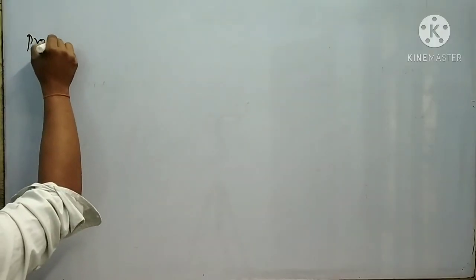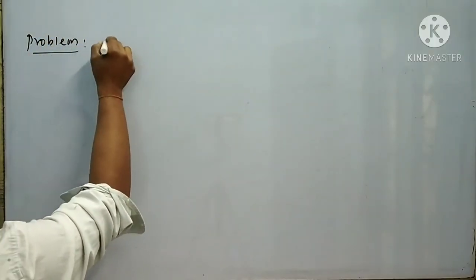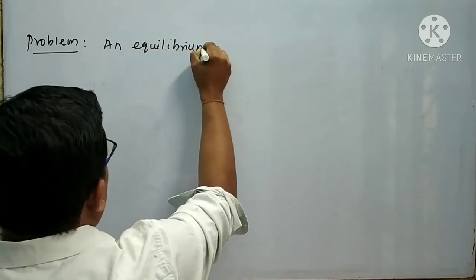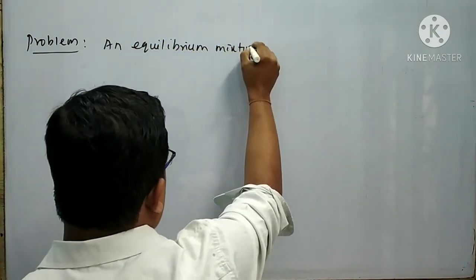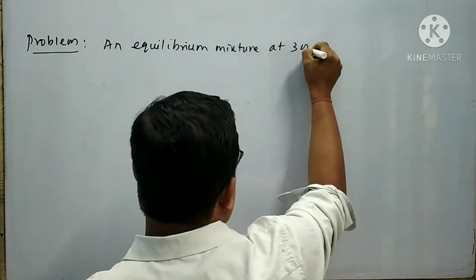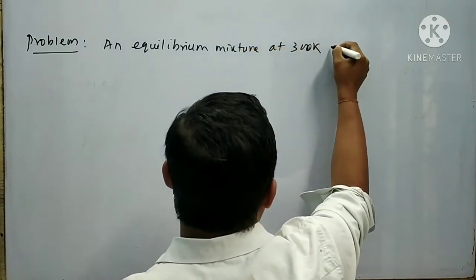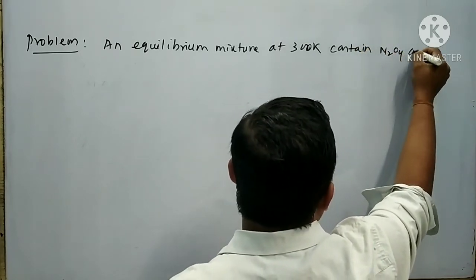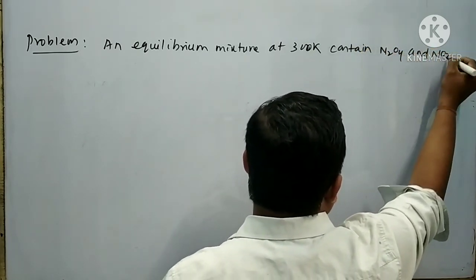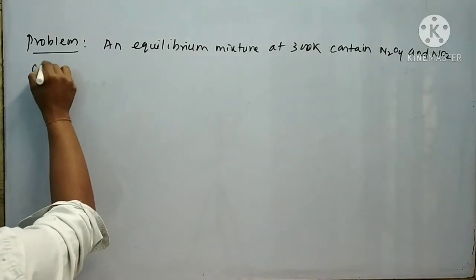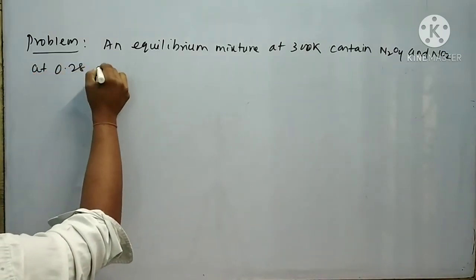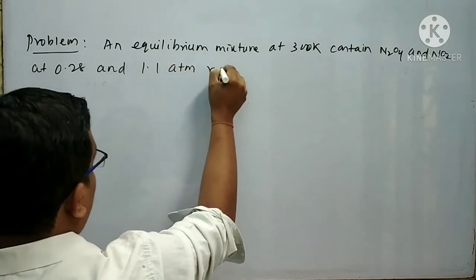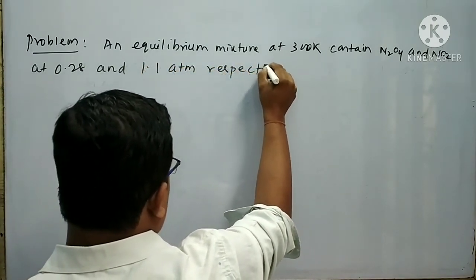Next, I want to do another problem. An equilibrium mixture at 300 Kelvin contains N2O4 and NO2 at 0.28 and 1.1 atm respectively.